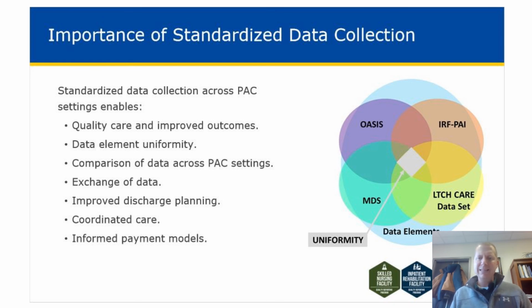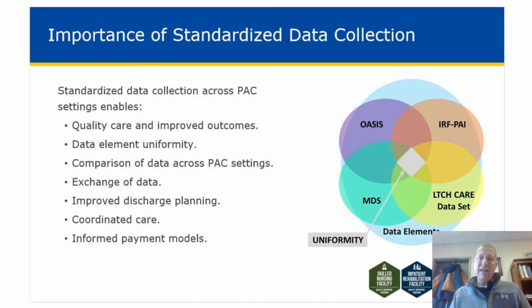So if we're assessing eating, or toileting, or upper body dressing at inpatient rehab, and the patient goes home and we're assessing that through home health, that we're doing it the same way, that we can compare, hey, they were min assist at the time of discharge with inpatient rehab, they should be min assist at the time of admission in home health.